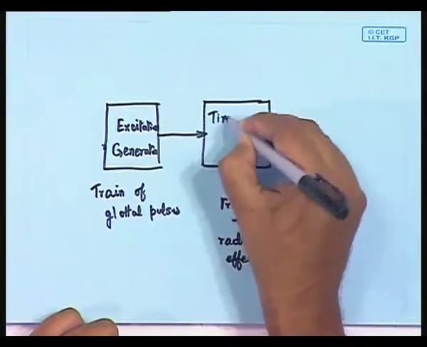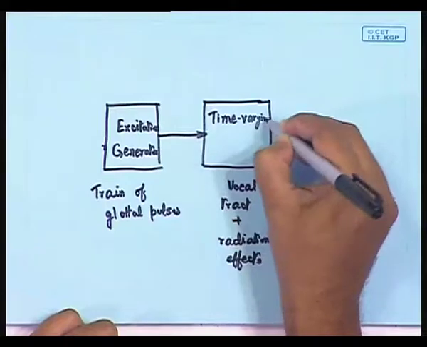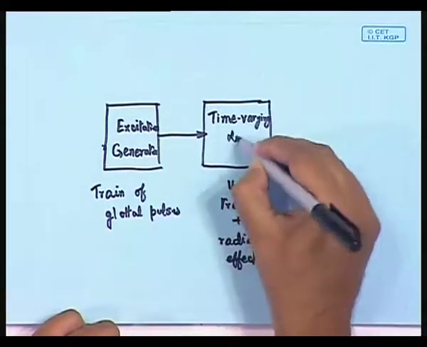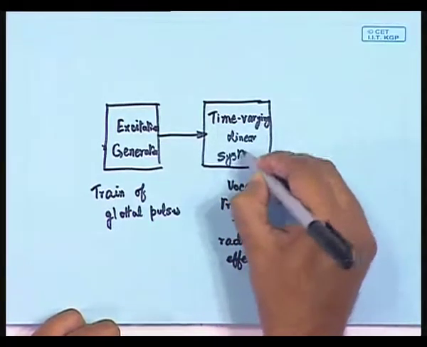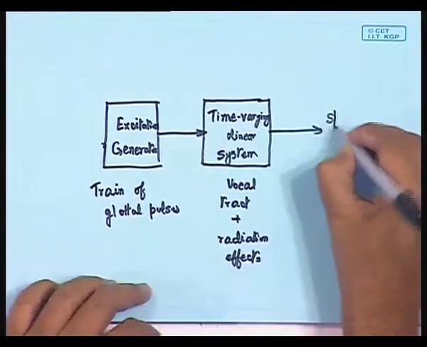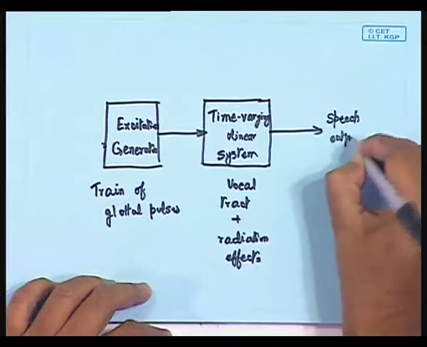Why? Because its parameters keep varying with time, as I was emphasizing again and again. So this is a time varying linear system, and this ultimately produces the speech output. So this is the simple model.